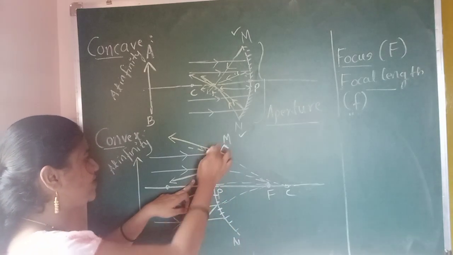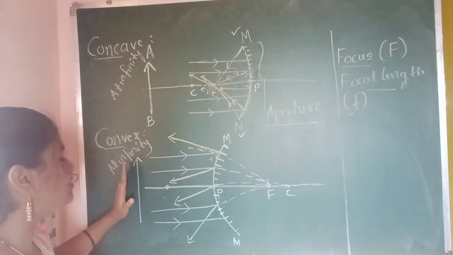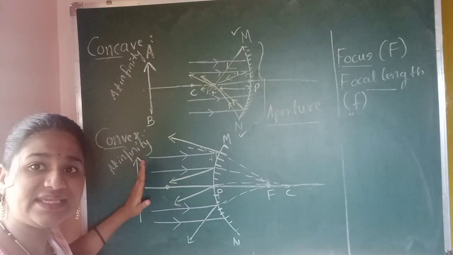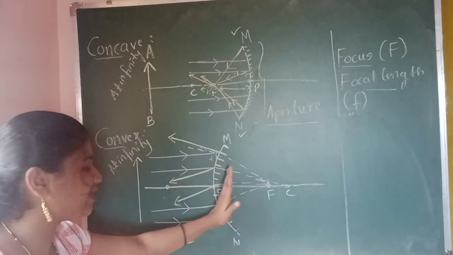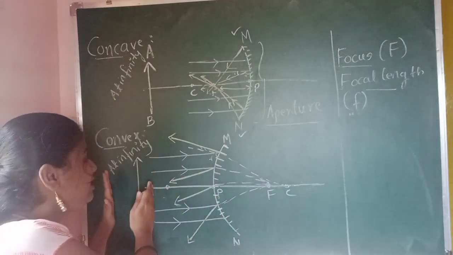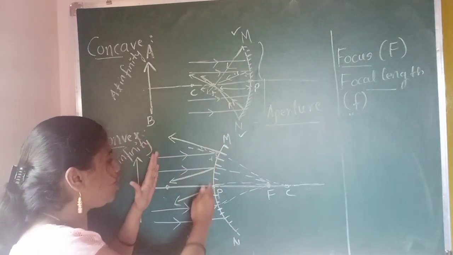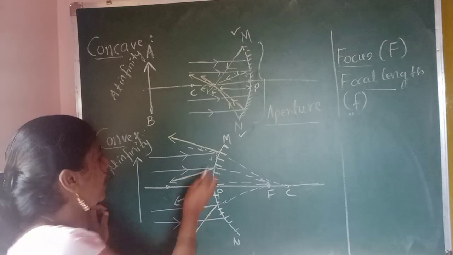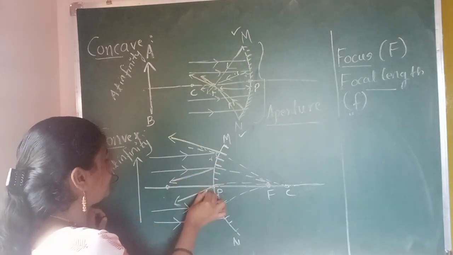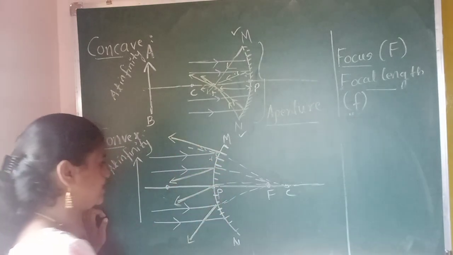Now, the source of light, which is at infinity distance from the spherical mirror, sends a parallel beam of light that falls on the reflecting surface, and we get the reflected rays. See, these are the reflected rays.